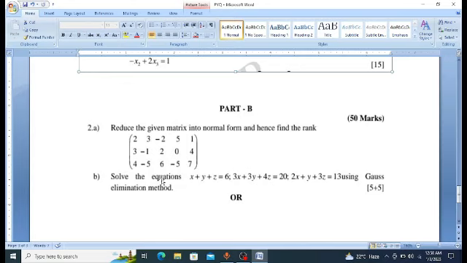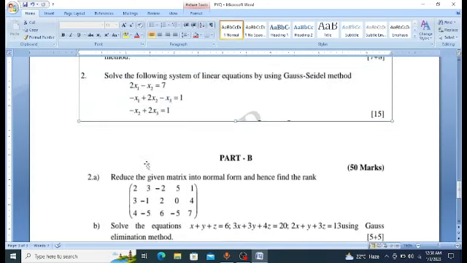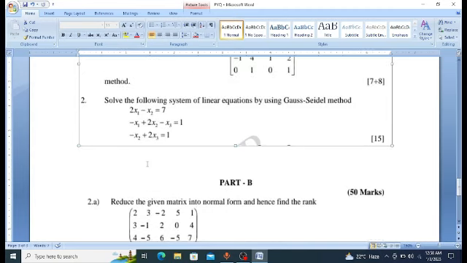Overall, in the questions we discussed today, you have 5 questions from normal form, 4 questions from the Gauss elimination method, 2 questions from Gauss-Jordan, and 2 questions from solving systems of equations, that is, whether they are consistent or not, and 4 questions from the Gauss-Seidel iteration method.